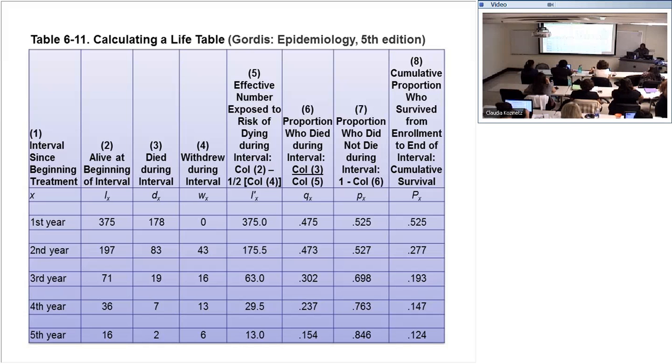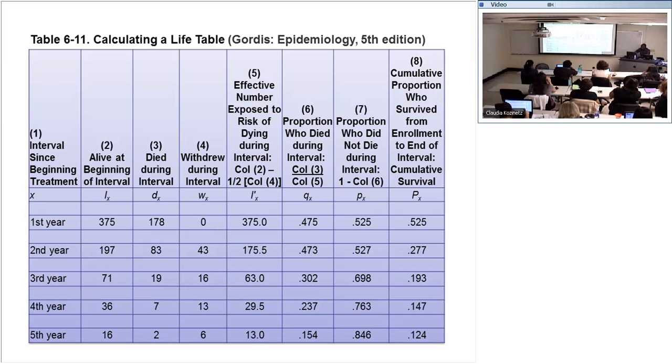Now when we do the proportion, this divided by this gives us the probability of dying during the interval. Then, if we subtract this from 1, we get the probability of surviving. However, if we want to go the long way, we can take this number from the number who were alive and divide whatever we get by the total, so that we get the proportion who survived.